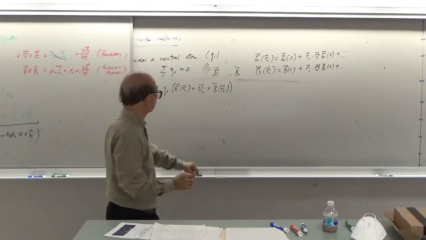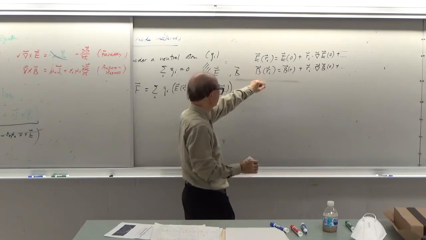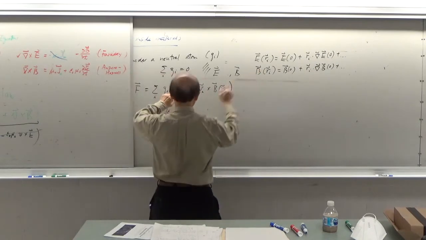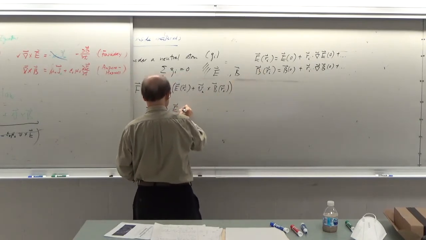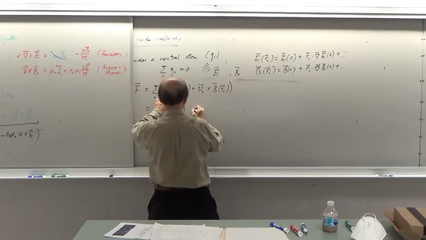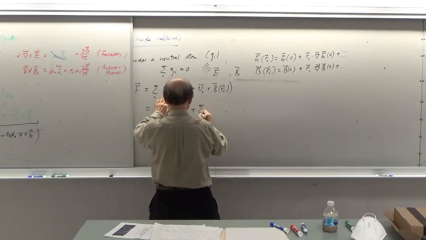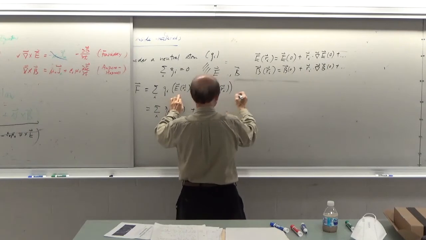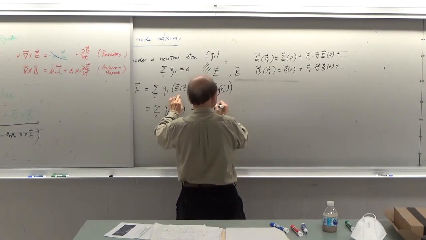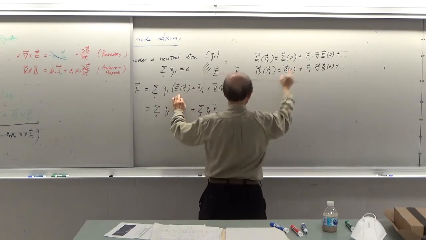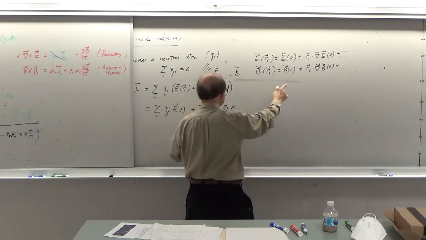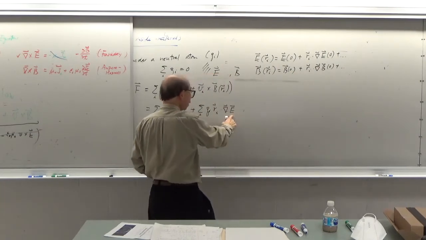And now, let's use the Taylor expansion. So this will be equal to the sum over i of Qi times this term. The first term will be E at the origin of the coordinate system, then plus the sum over i of Qi times Ri dot gradient acting on E, understood to be at the origin.